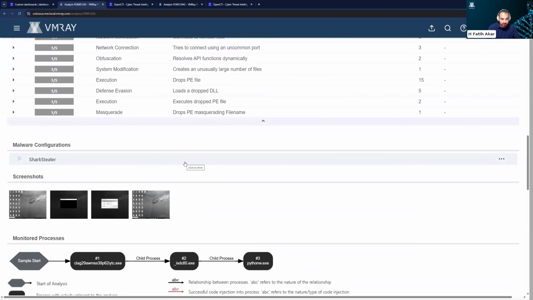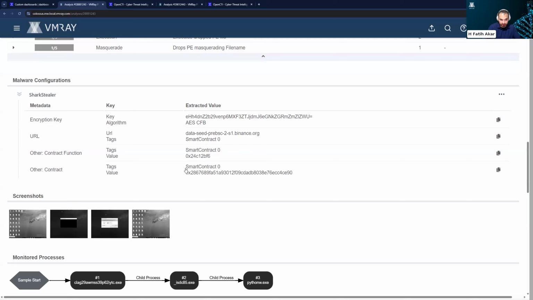And in there, we were able to extract all the malware configurations from that sample. We know what encryption key it's using, what is the algorithm behind it, what URL it is trying to connect to get the secondary stages of the same attack, and also some other stuff around control functions.